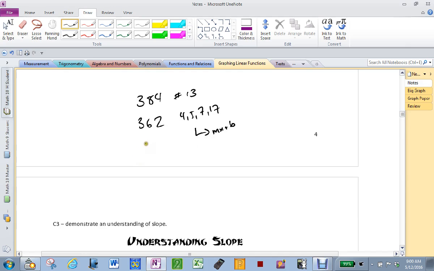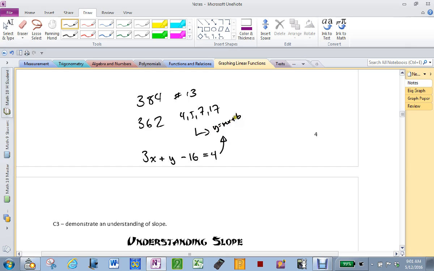If I have something like 3x plus y minus 16 equals 4, can you take that and make it look like that? Yeah. Of course you can. Because this is y equals mx plus b, right?